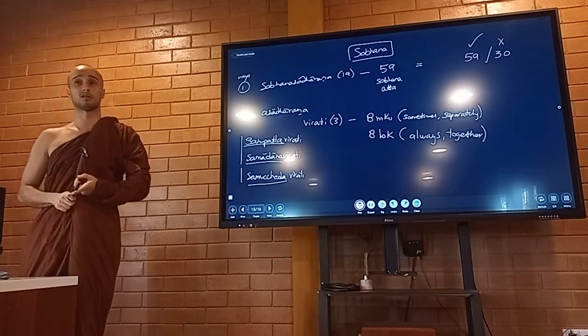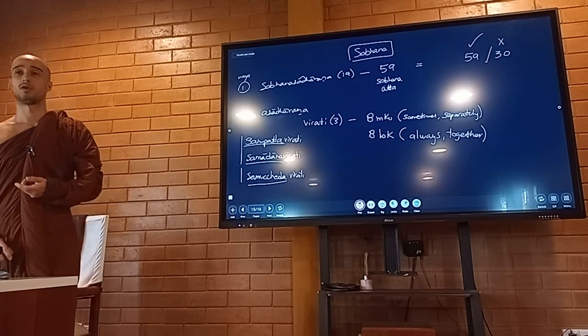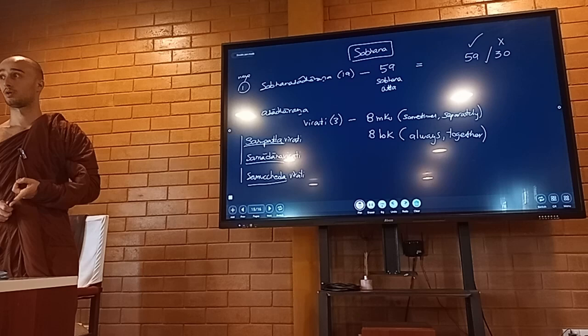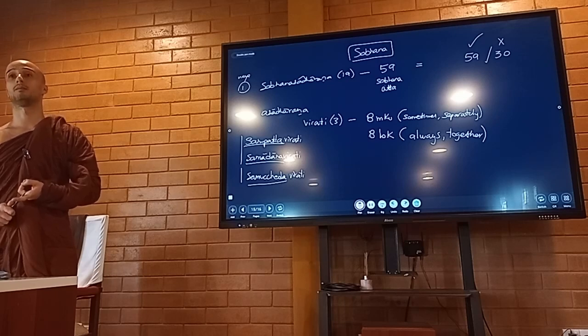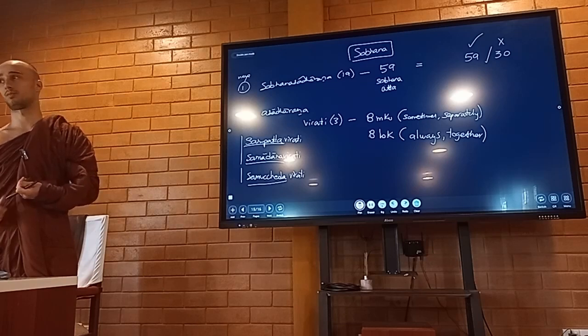Virati in Mahavipaka? No. See, virati arises only in Mahakusala. Mahavipaka doesn't have virati. What about Mahakiriya? No, because the Arahant doesn't need to abstain from any wrongdoing.